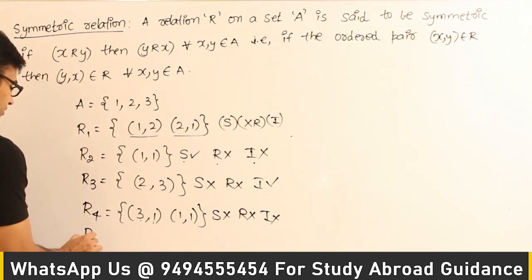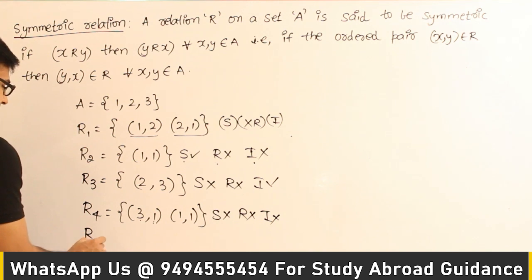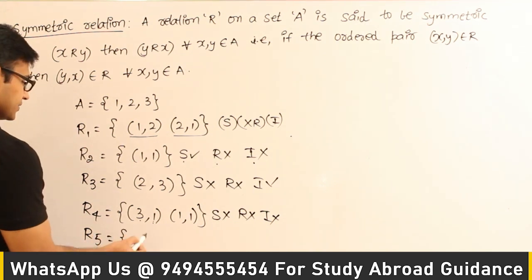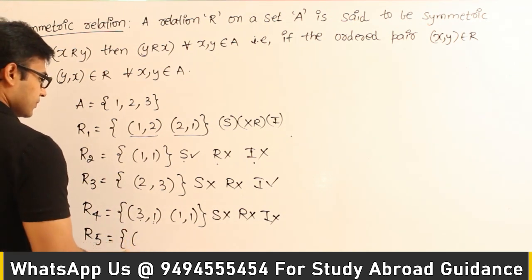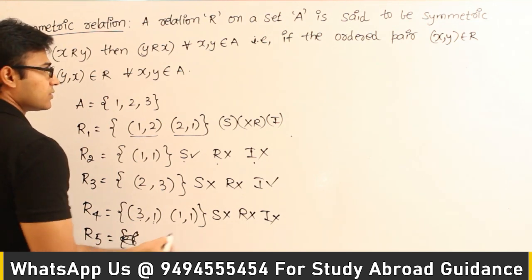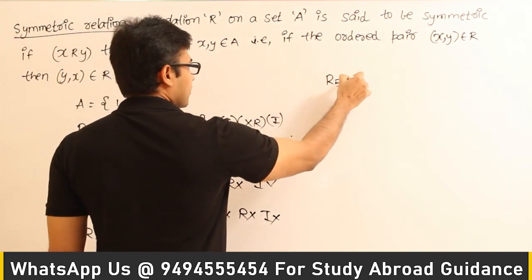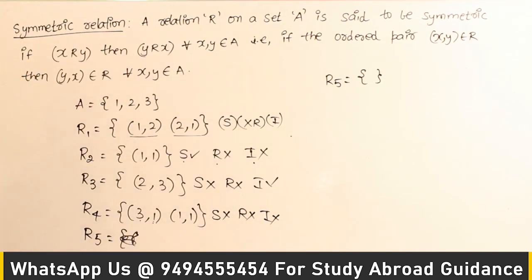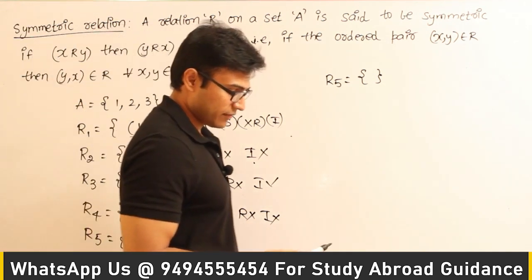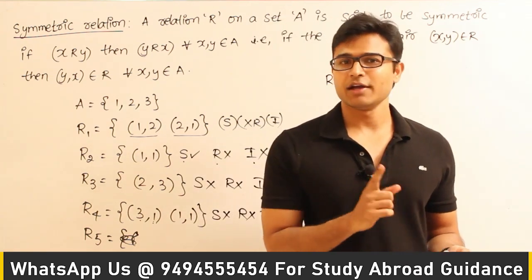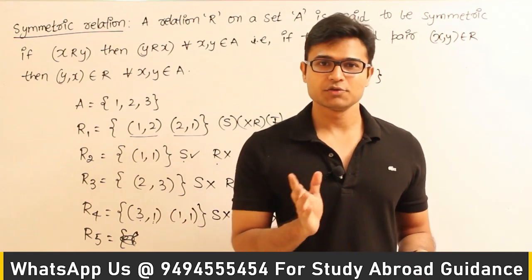Tell me about this. R5 equal to, let us say, the empty set, which means it does not contain any ordered pairs. Is it symmetric? What does the symmetric definition say? For every element x comma y, there should be the element y comma x present in the relation, then only it is going to be symmetric.